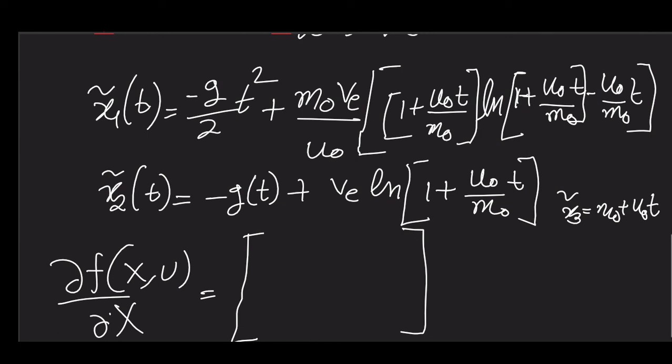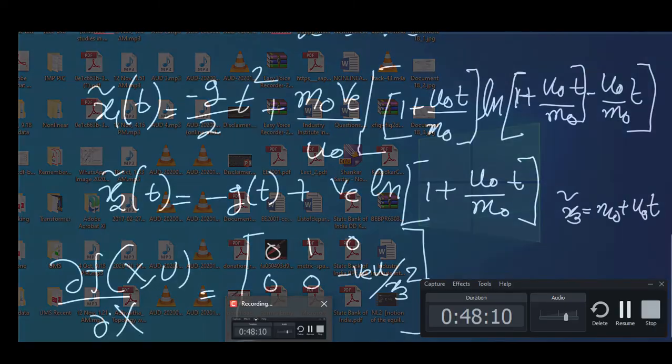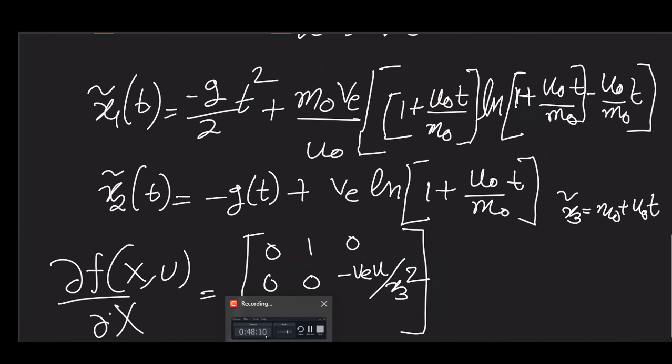So what you will get here is 0 1 0, 0 0 minus Ve u upon x3 square, 0 0 0.